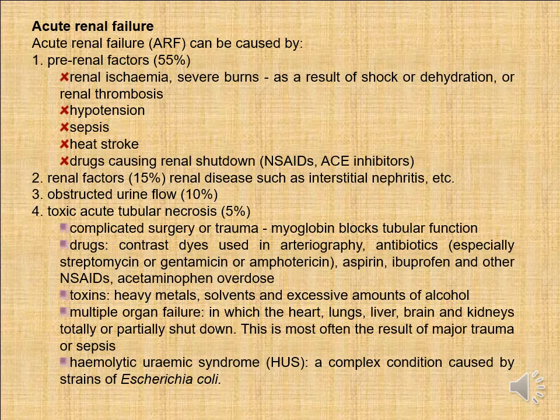Multiple organ failure syndrome is one in which the heart, lung, liver, brain, and kidney totally or partially shut down, most often as a result of major trauma or sepsis. Hemolytic uremic syndrome is a complex condition caused by a strain of Escherichia coli.